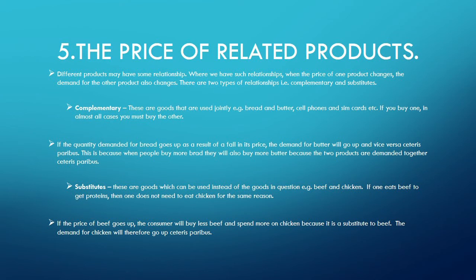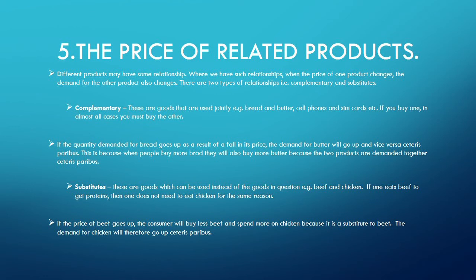If the price of Coke goes down, it means more people will go for Coke, and therefore the demand for Pepsi will go down. Ceteris paribus. This relationship is one that we call a substitutes relationship.